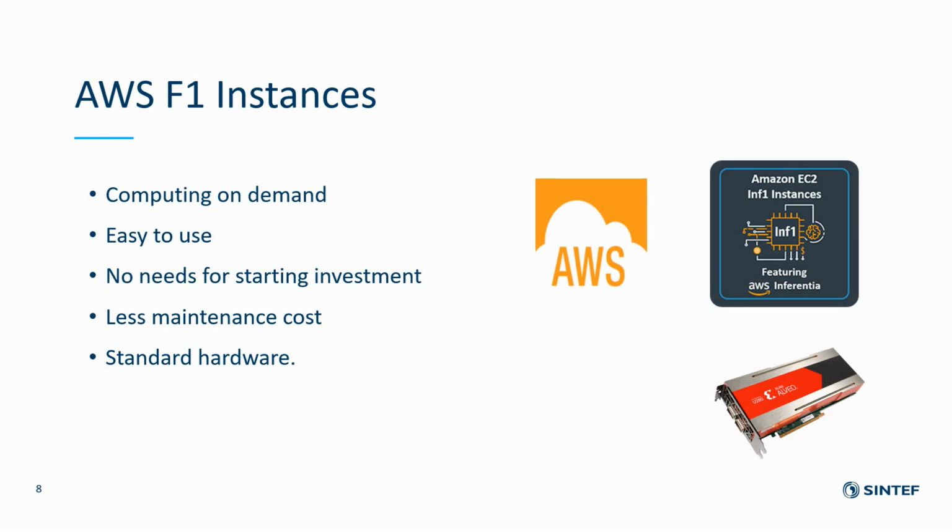And it is standard hardware: if you use it to implement and accelerate your application, and then you want to have it on your own data center or somewhere else, not on Amazon, you are free to do it because you have used standard Xilinx hardware for it.